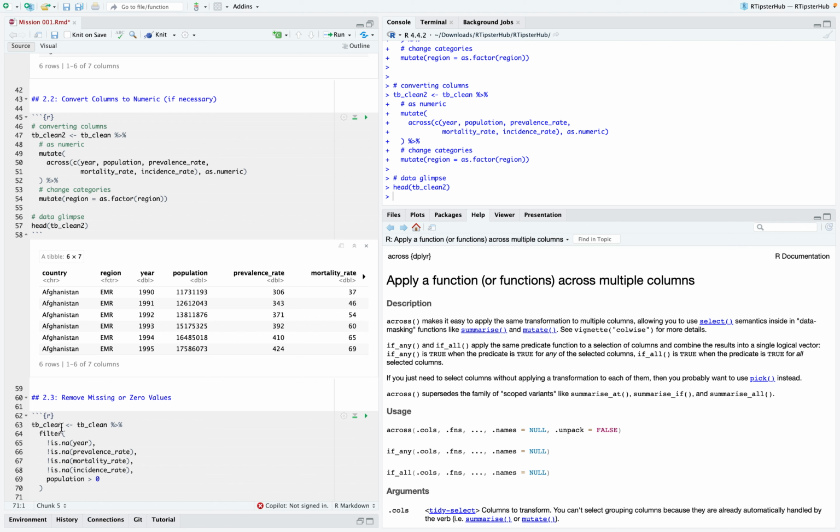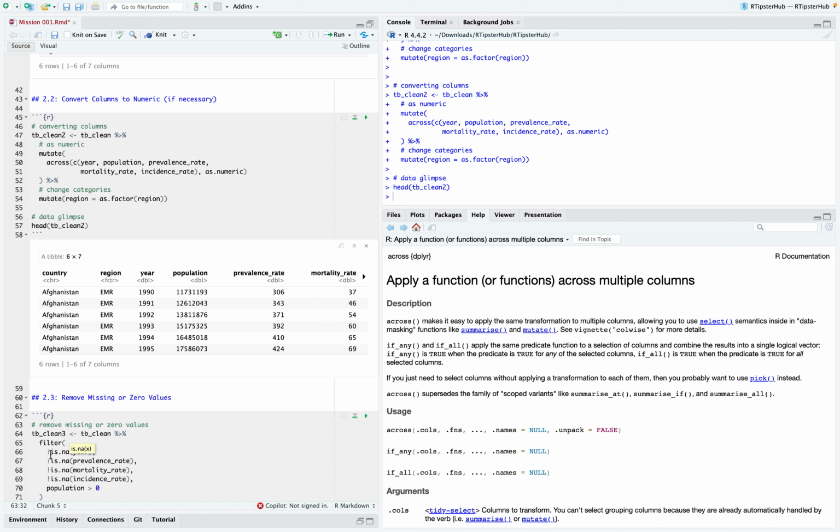And we see, so the goal here is to remove missing or zero values.